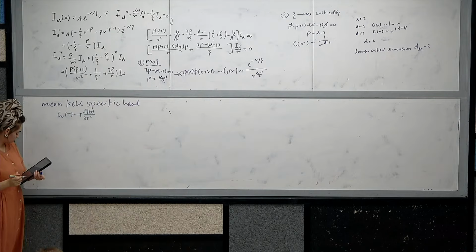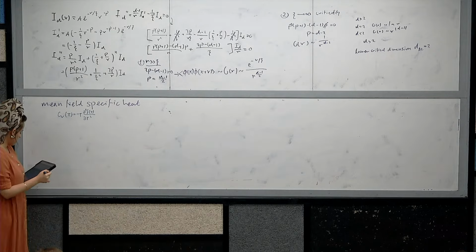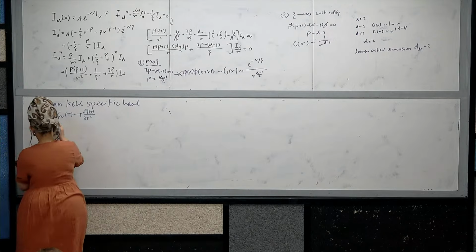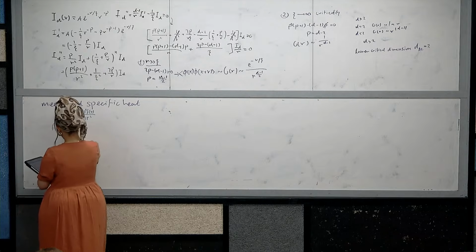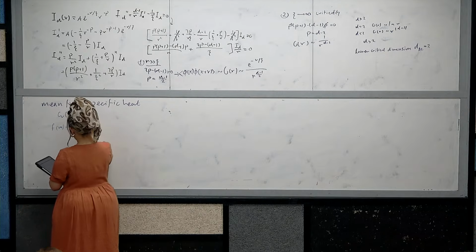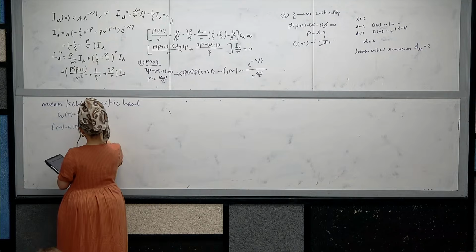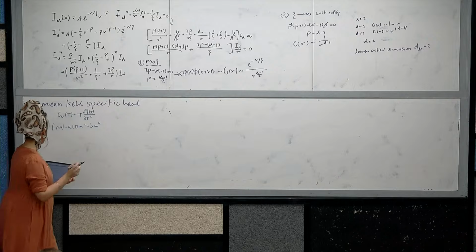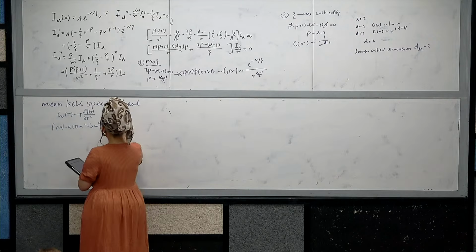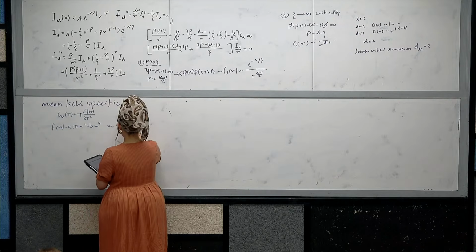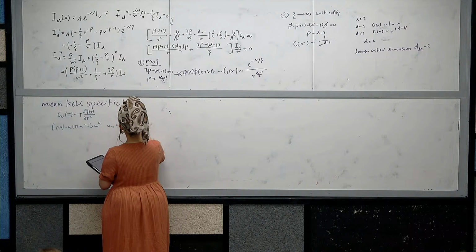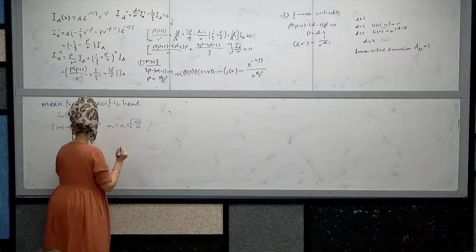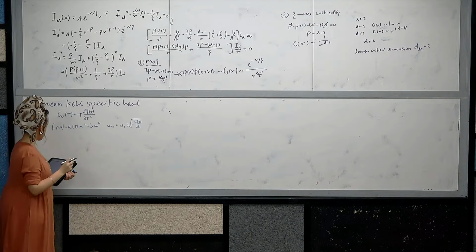Okay? So in the mean field, F of M equals A M squared plus B M to the power of 4. And we know the solutions are 0 and plus minus square root of A divided by 2B.